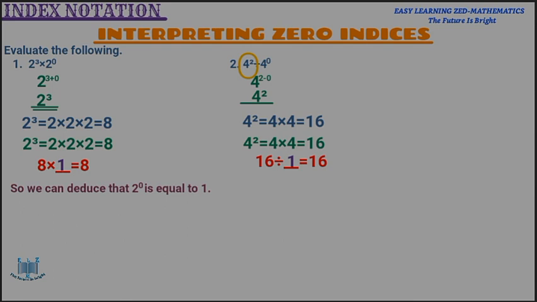So that means that the value of 4 to the power of 0 is 1, because we divided 16 by 4 to the power of 0 and it gave us the answer which is 16. Therefore 4 to the power of 0 has the value of 1, because it's only 1 that you can use as a divisor and give you the same answer as the dividend.